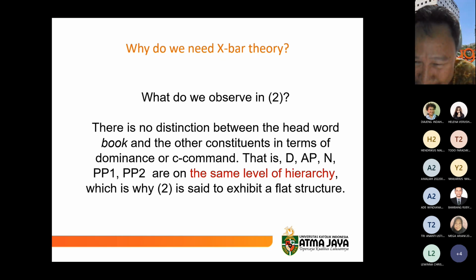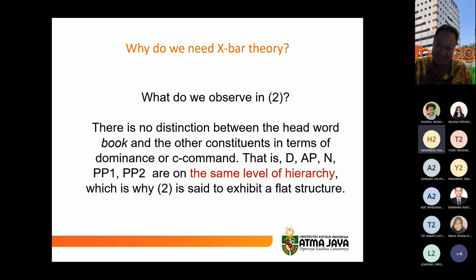A flat structure means, for example, the constituents D, AP, PP1 and PP2 are on the same level of hierarchy. They are no different from one another. Is that clear what is meant by a flat structure? Yes, sir.